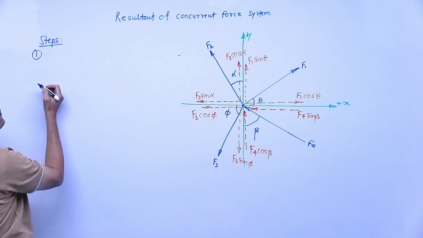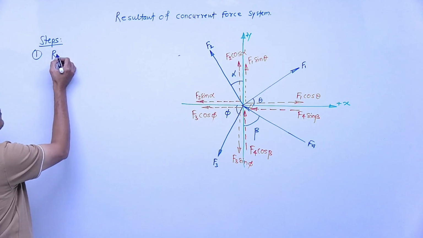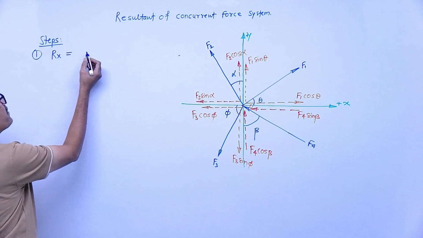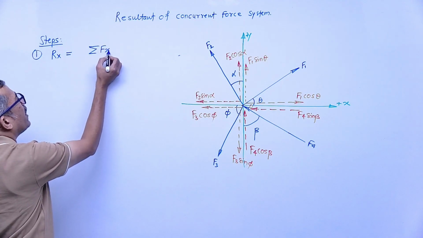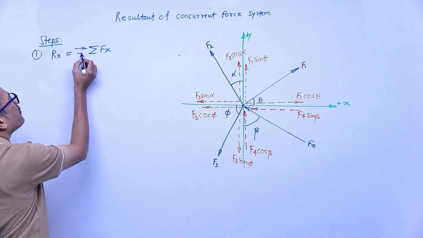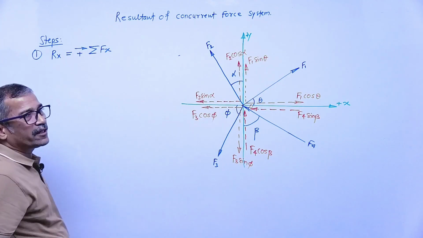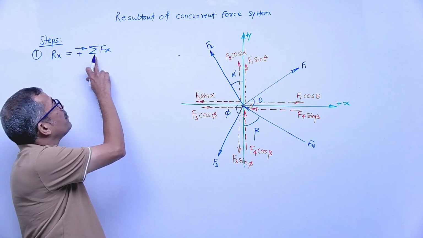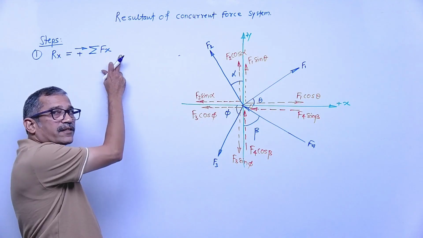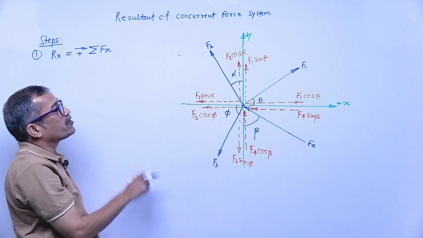Number 1. If we add all components along the x-axis, then it is called Rx. Rx means the component of the resultant along the x-axis is equal to the sum of forces along the x-axis, assuming rightward force is positive.